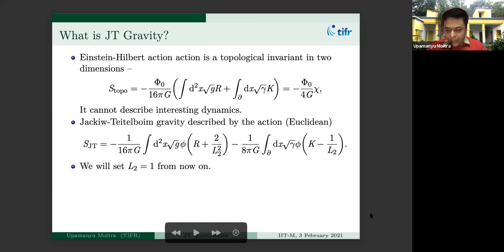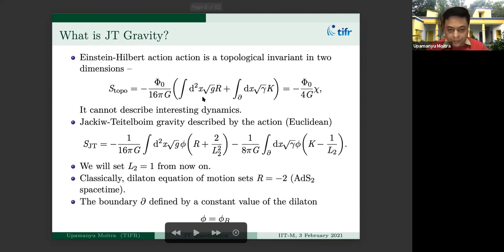So now the first question is, what can we say from this action? The first thing that we can see is that in this action, the dilaton couples linearly to the term involving the Ricci scalar. And therefore, from the classical equation of motion, R plus 2 is set to 0.